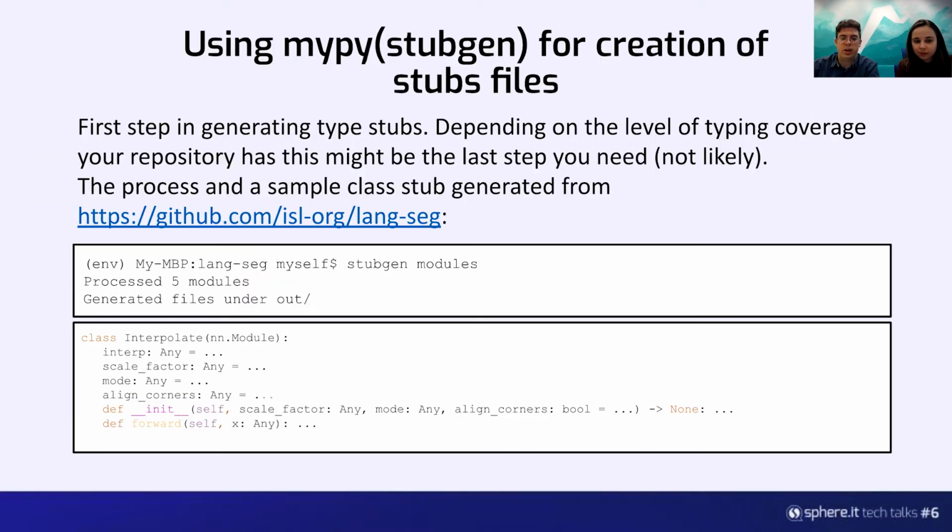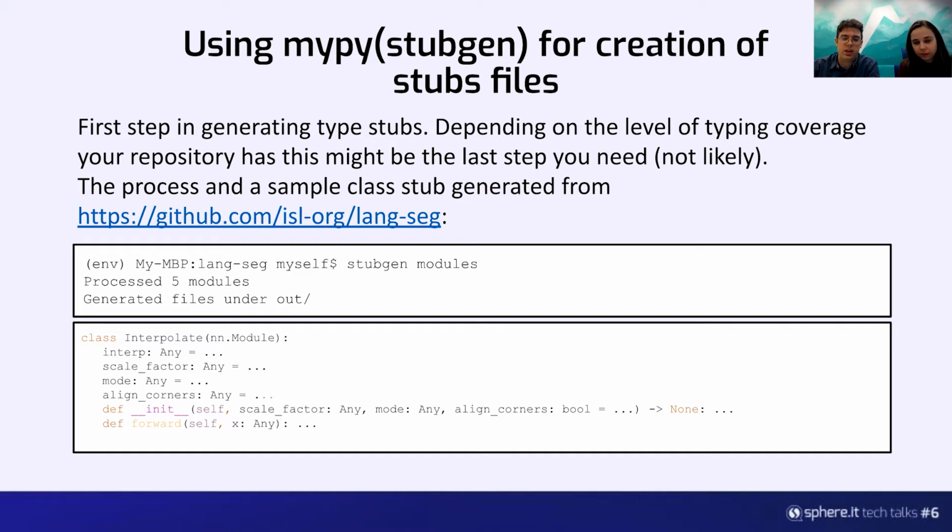Okay, so how can we start off with generating this kind of type stubs? A good place to start is by using the type stubs which can be generated by a program like stubgen, which is bundled with Mypy, or by using Pyright. Here's an example output of running stubgen for a library called language segmentation.